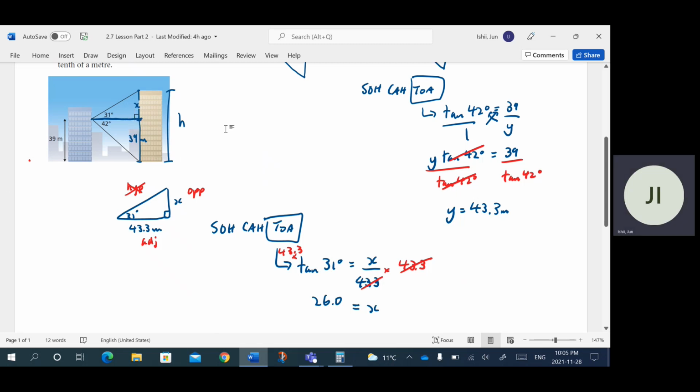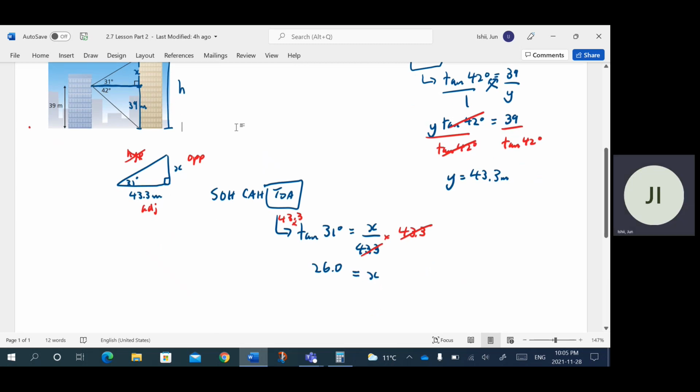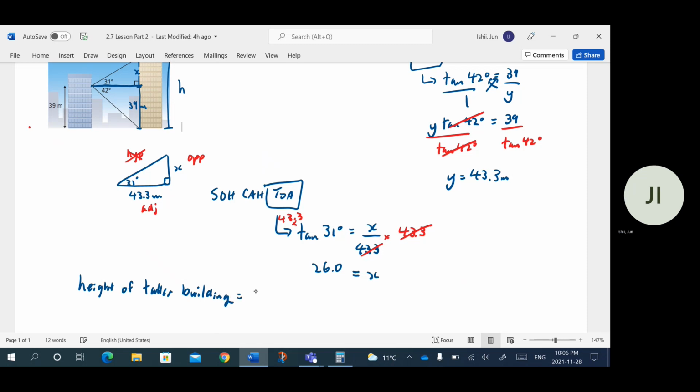To actually answer the question, the height of the taller building equals 39 meters plus x, which was 26 meters.